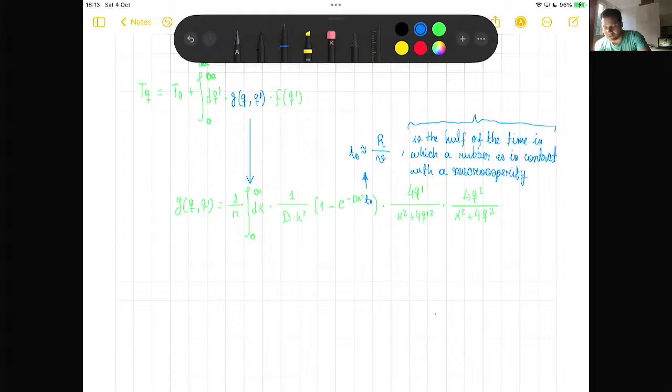But this is a rough measurement. It's important to say.